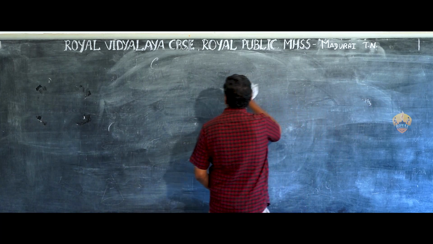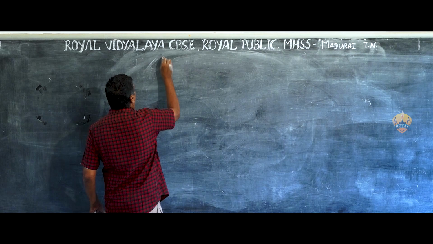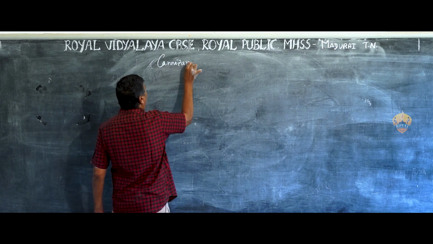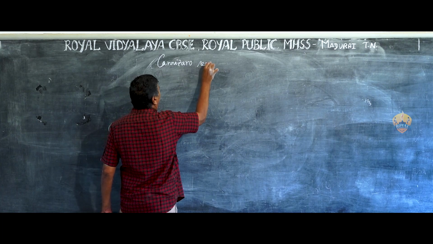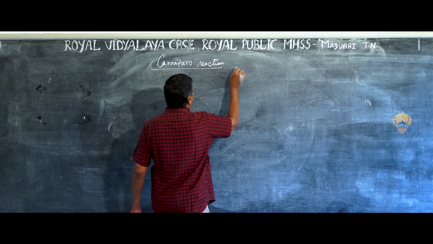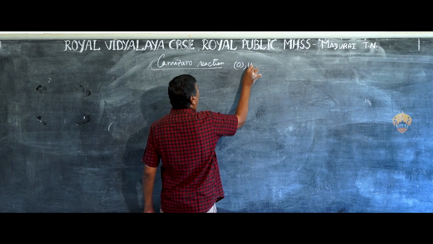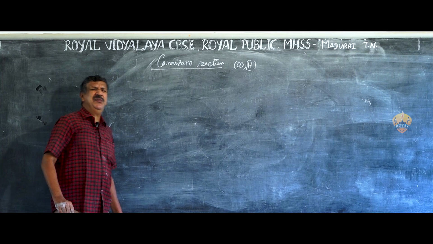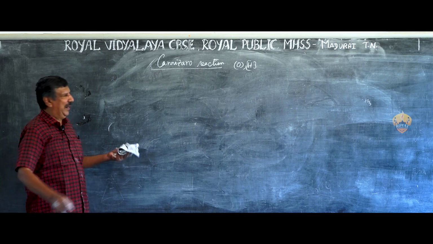Next one, we are going to see the Cannizzaro reaction. Cannizzaro means indirectly both oxidation and reduction are taking place in aldehyde. I'll write like this.